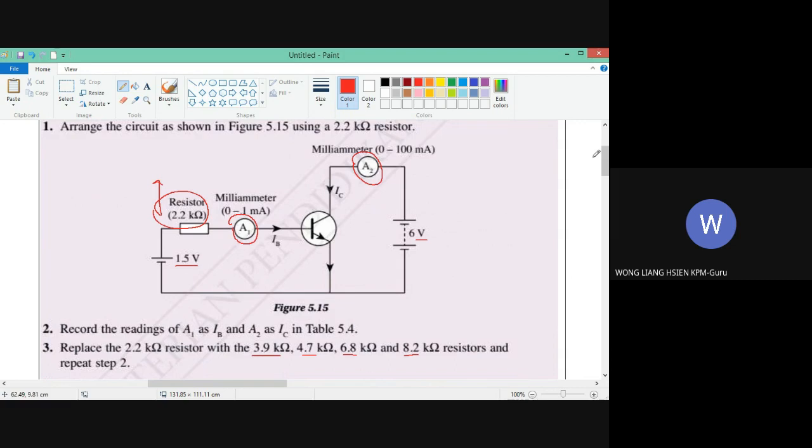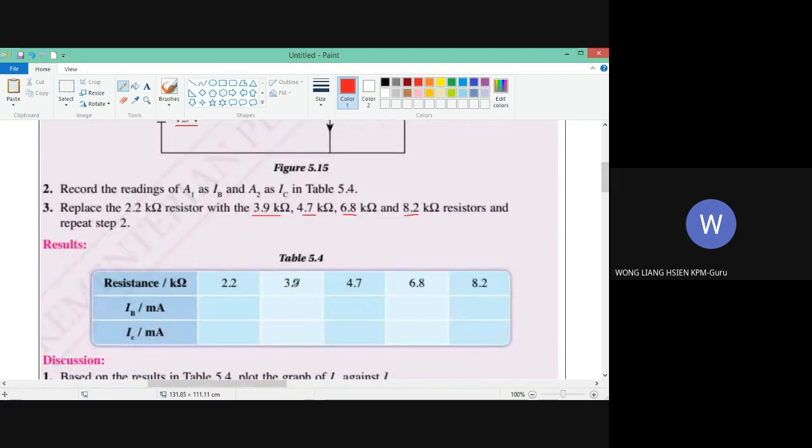Of course, what we can see is that as the resistance increases, the base current becomes lower. And we will also see that the collector current becomes lower.